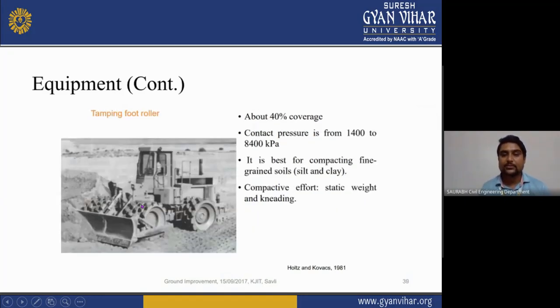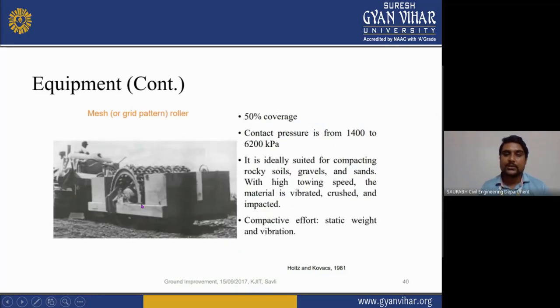And these are some of the equipment used in ground improvement. As you can see, this is your mesh or grid pattern roller. It is ideally suited for the compaction of rocky soil, gravel, and sand. With the high towing speed, the material is vibrated, crushed, and impacted.